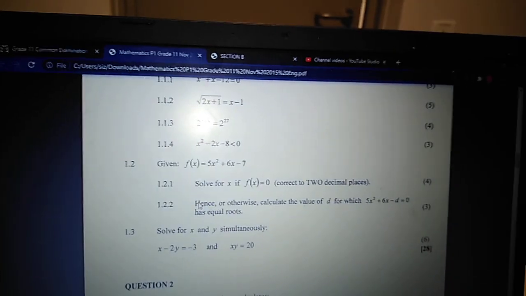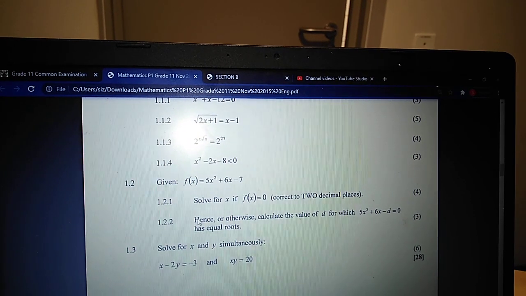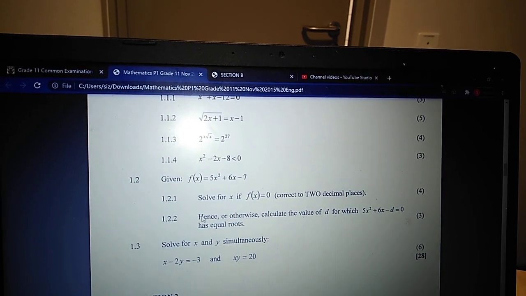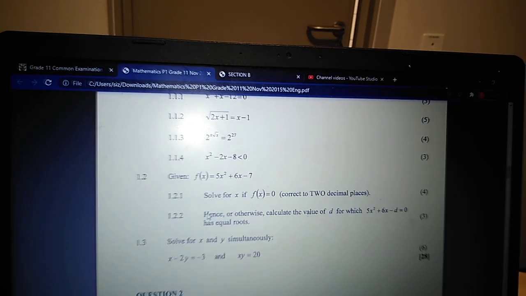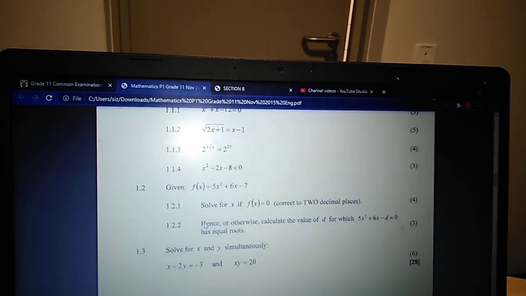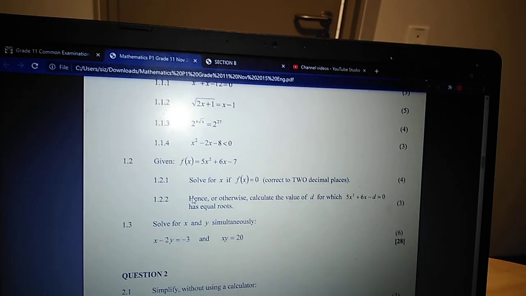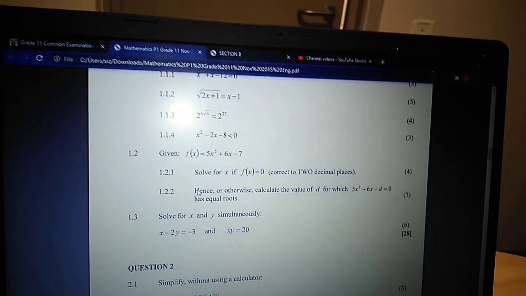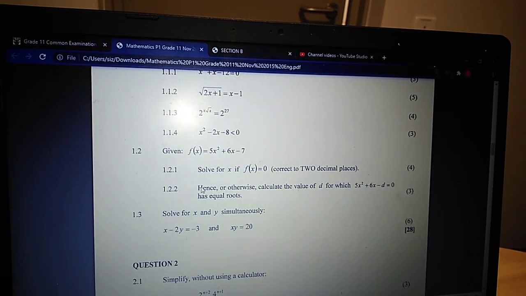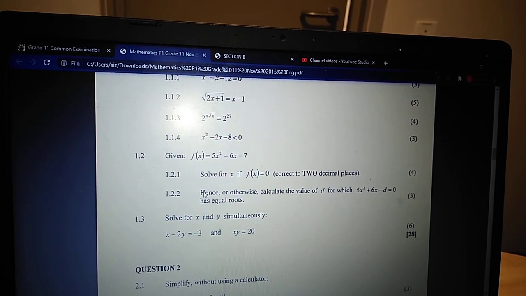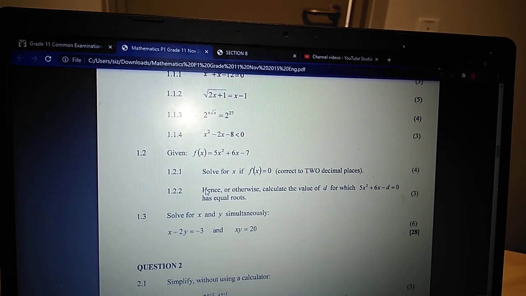So right now we are on question 1.2, where we're given a function of x which looks like a quadratic function, or a parabola, and we are asked to solve for x and find the values of d where that function has equal roots.